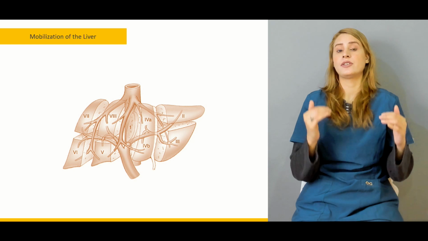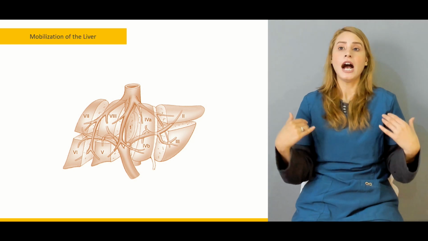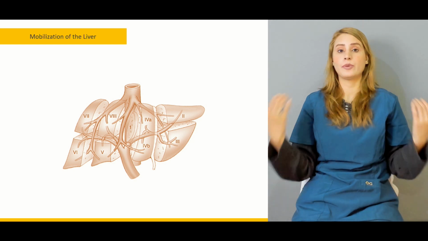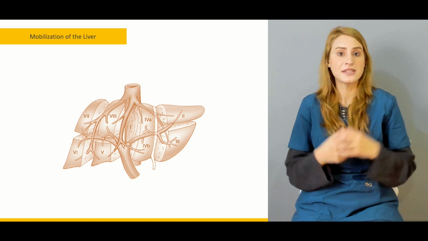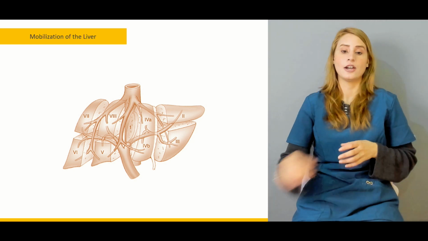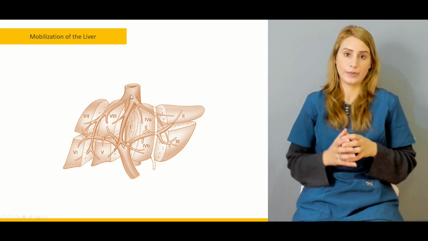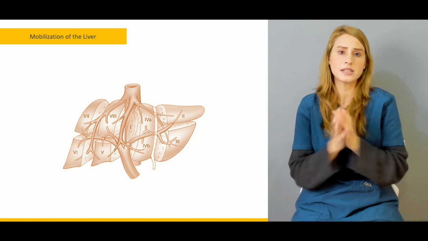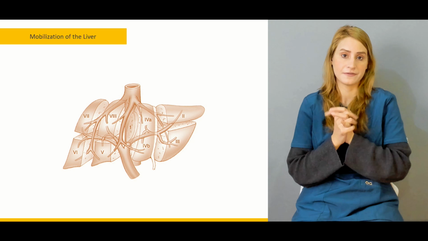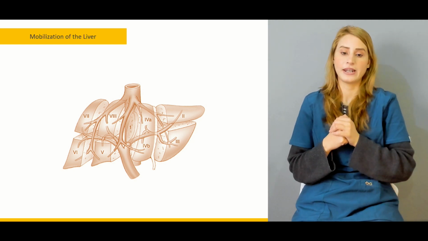After the division of the falciform ligament, go up to the point where you can see the anterosuperior surface of the IVC, where the hepatic veins are entering into the inferior vena cava. So you need to expose this area, because you ultimately need to go to the posterior superior surface of the liver, behind which there is the inferior vena cava.